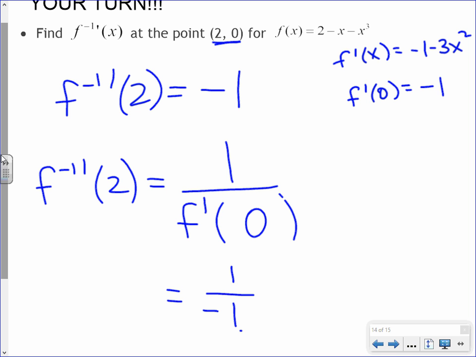You just did one extra step, and it doesn't matter. If they give you the coordinate for your inverse, they're telling you the y value right here. If they only give you the x, like in our first example, we had to go find the y value. So if they give you the coordinate, that saves you some work. All right, you can go back to your seat.